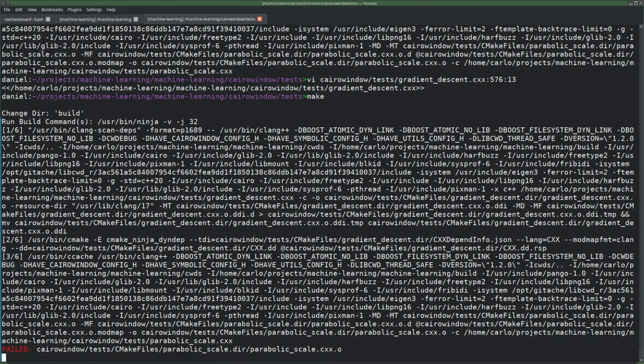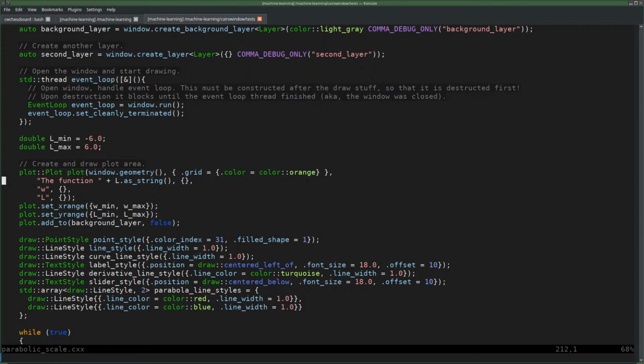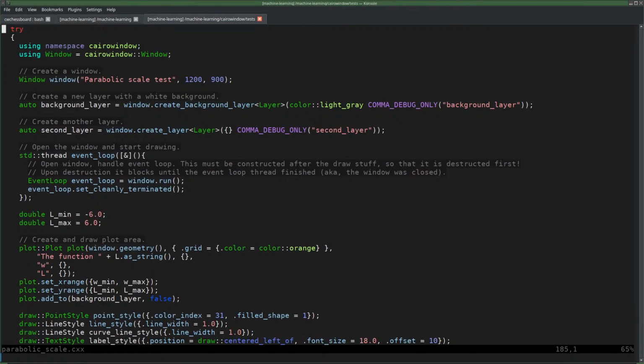Failed. Undeclared identifier L. Parabolic scale. Well, I changed that. It's just a window title, maybe. Yeah. Oh, parabolic scale test. Choose that here as well.